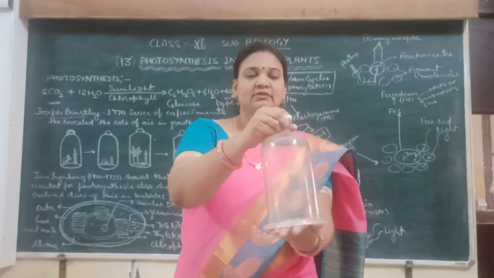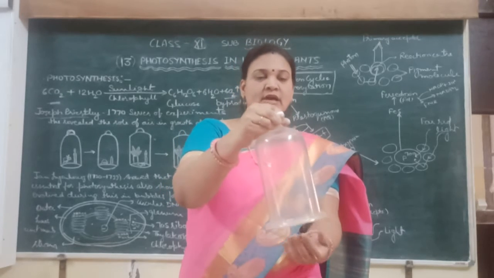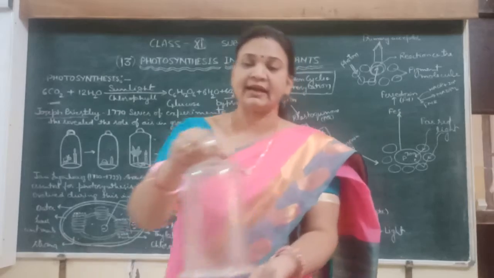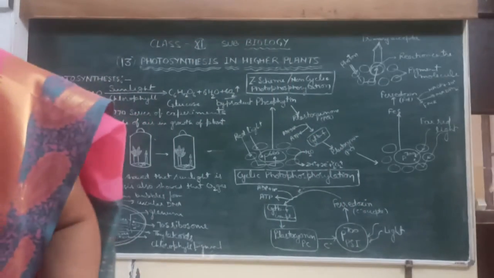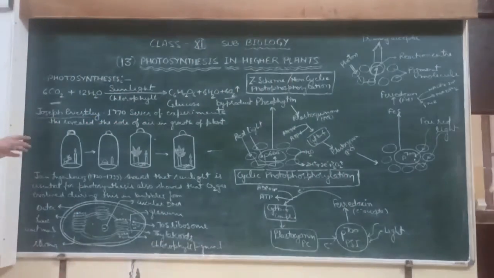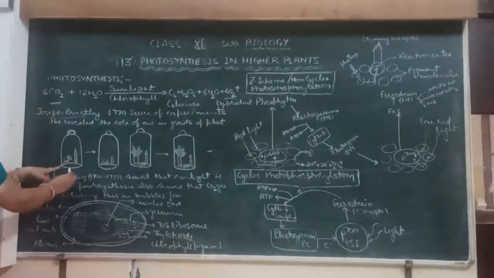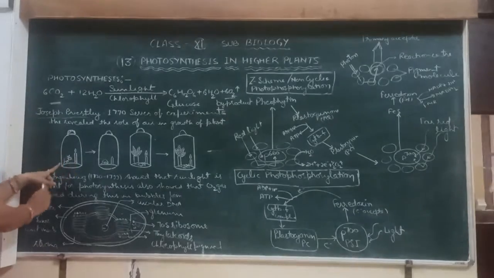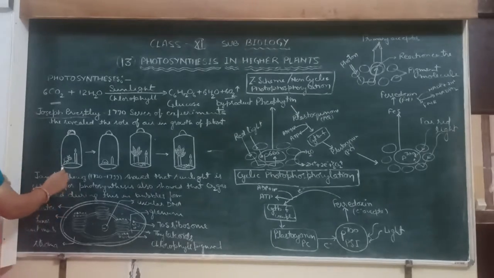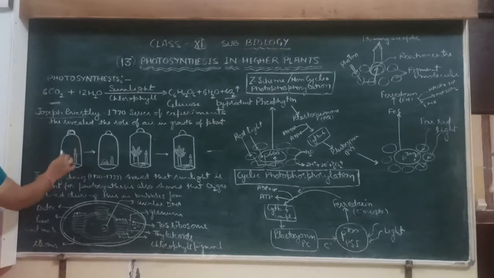and put it on a flat surface. So after some time, the candle and mouse, you can see here, this is the bell jar, this is the candle, and this is the mouse. So what happens? First he kept a burning candle with a mouse in the bell jar.